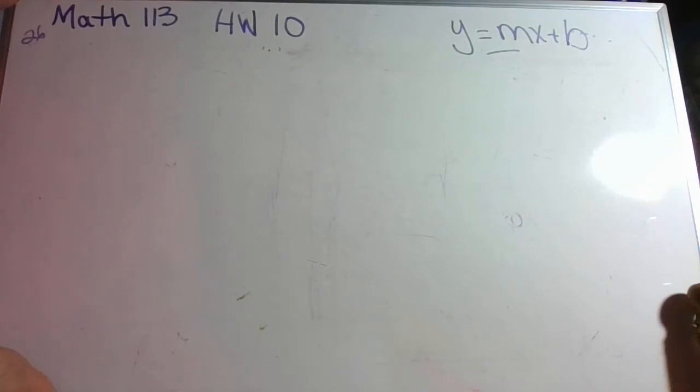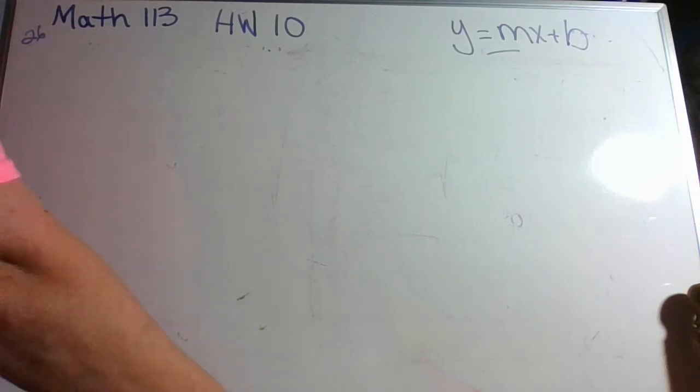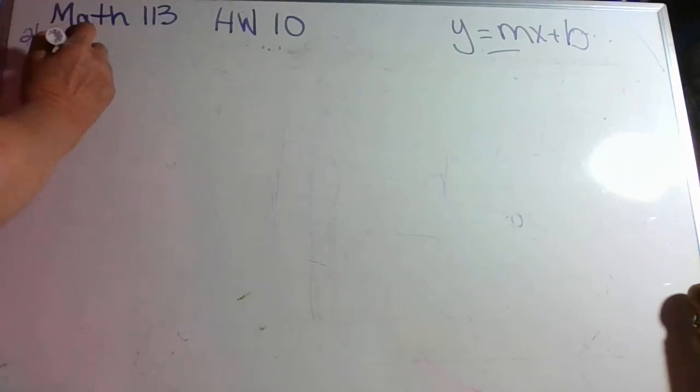Okay, so now we're going to go to example 3. It's another system. And the first one is x plus y is greater than or equal to 8.